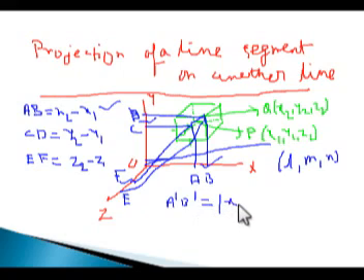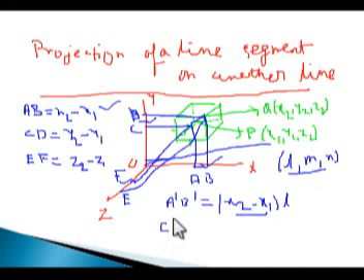AB's projection, which is (x2 minus x1) l. So this is the projection of this projected line segment on the Cartesian axis onto the other straight line, whose direction cosines are l, m, n.